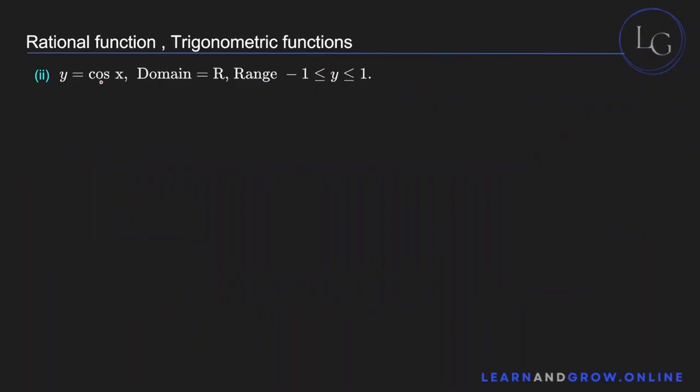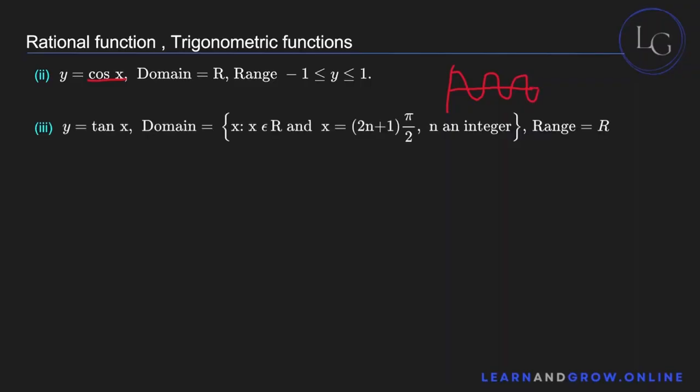Similarly, you have cosine of x, and it has the same domain and the same range, because the only difference is that instead of starting at 0, this starts at 1. But it's the same as sine of x, right? Now you have y is equal to tangent of x.